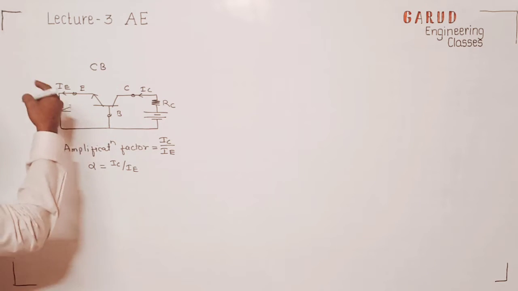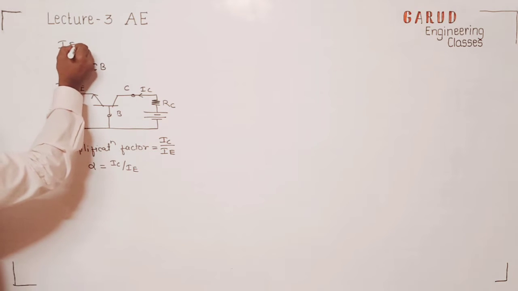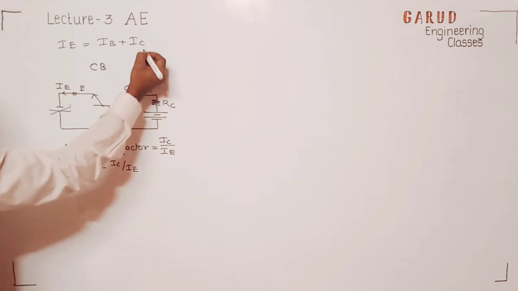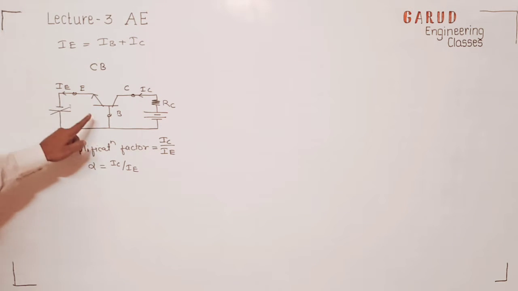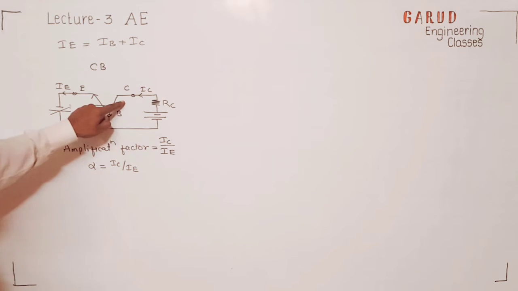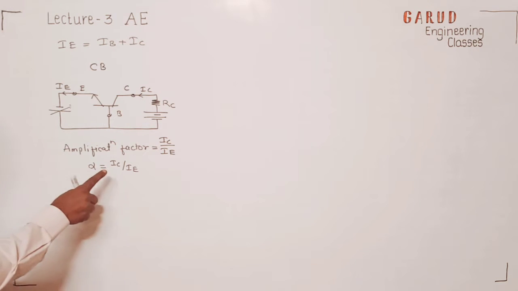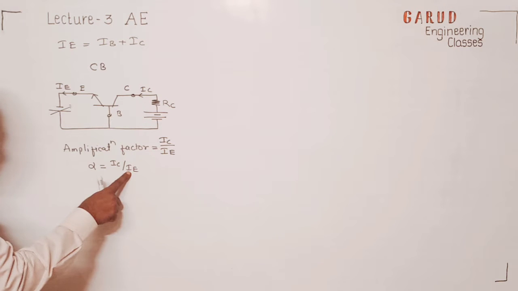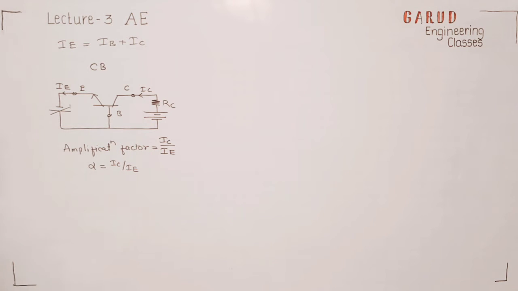But for any type of configuration, the emitter current is always the combination of IB and IC. Whatever current flows here is this plus this. This is valid for all configurations of the transistor. So IE is always greater than IC, and the value of alpha is always less than unity.